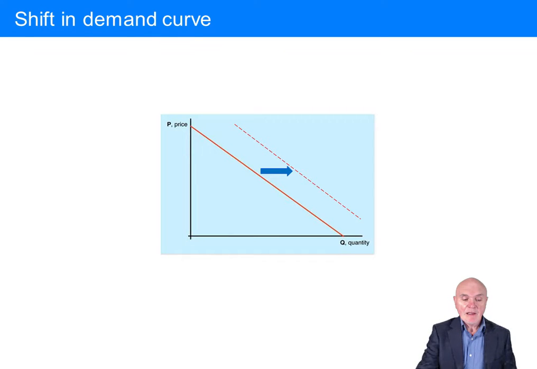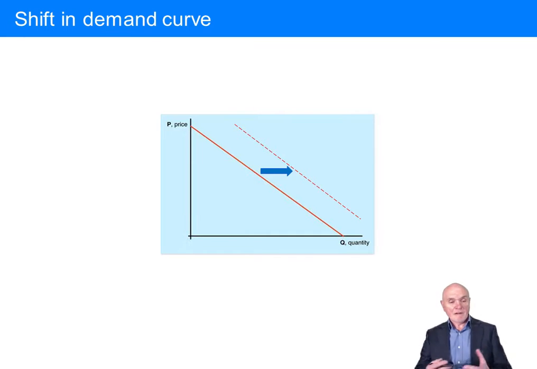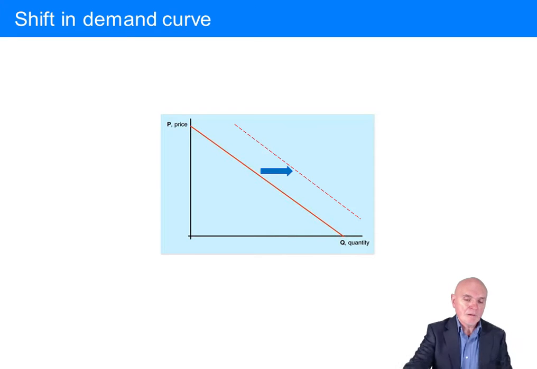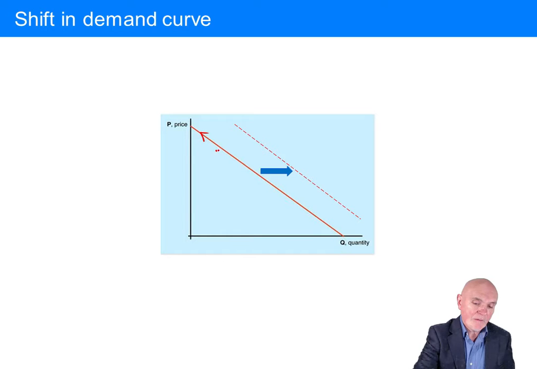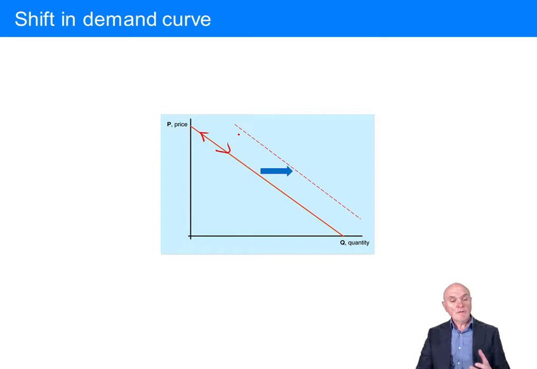Now, as we go up and down the demand curve, we have to be careful of two different movements on the demand curve. So as you change the price and the quantity changes, you're moving along the demand curve.